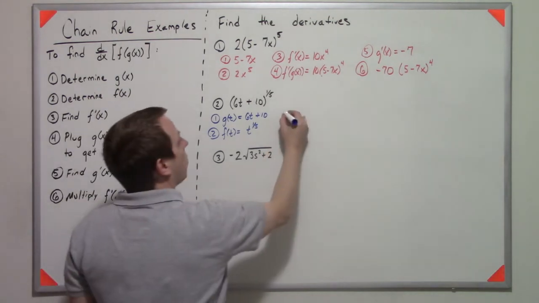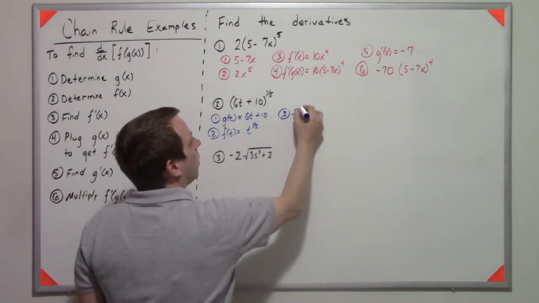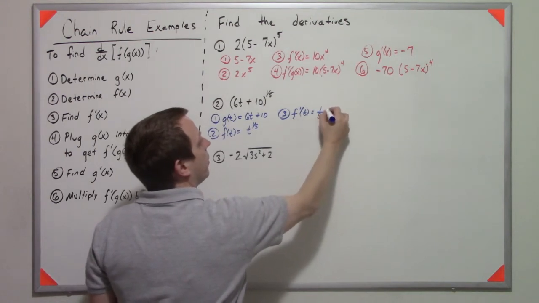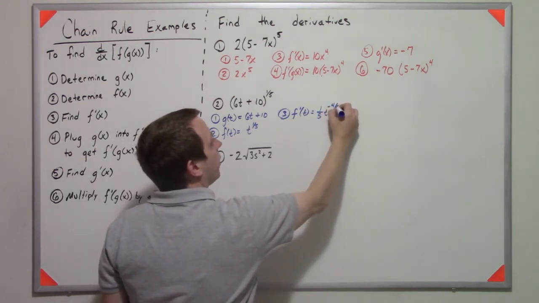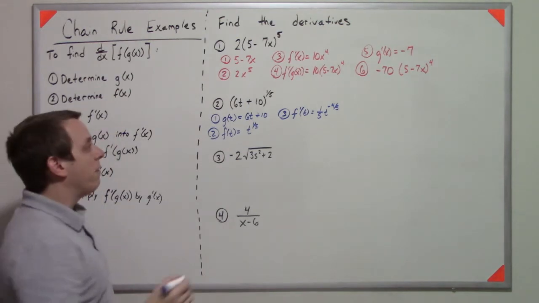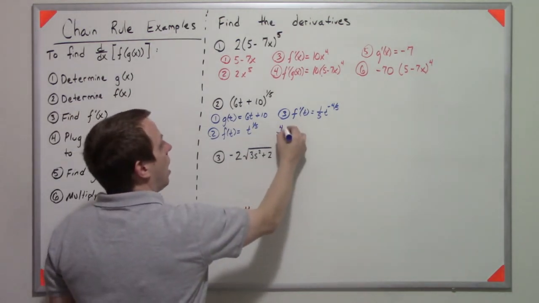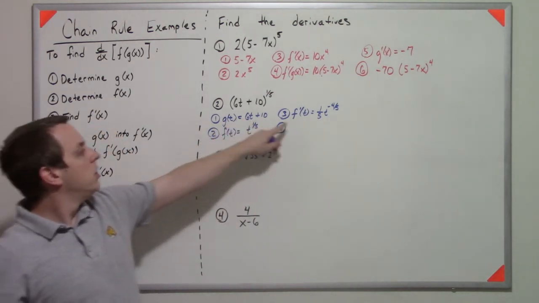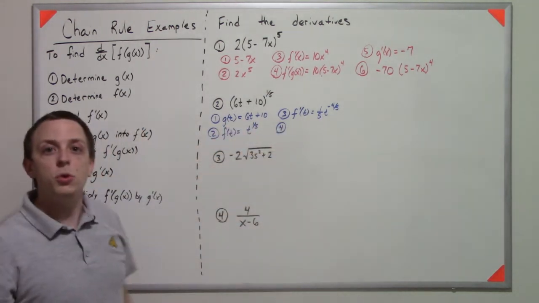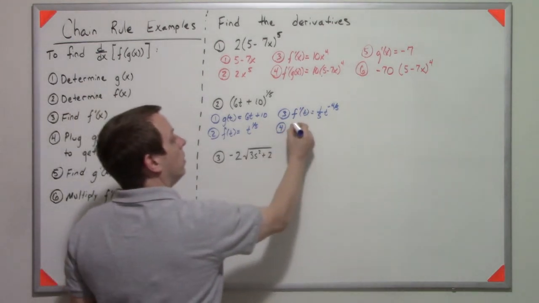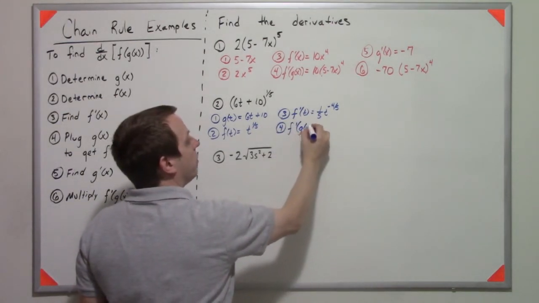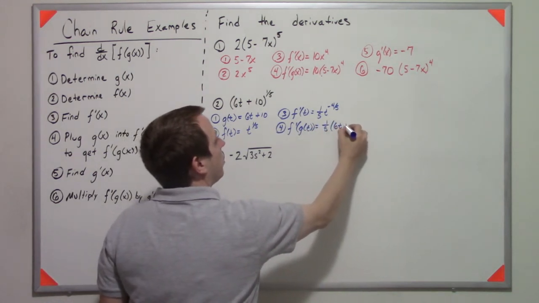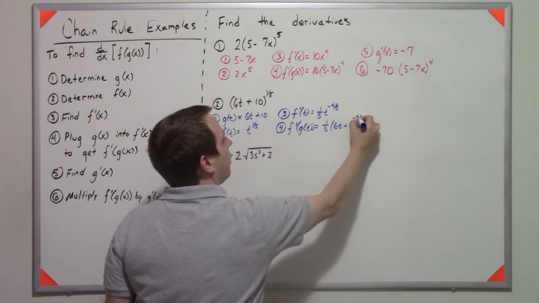So next, I want to get f prime of t, and that's going to be 1/5 t to the negative 4/5. And then after that, I'm going to do f prime at g. So instead of a t here, I'm going to do g of t here. So f prime at g of t is 1/5 times 6t plus 10 to the negative 4/5.